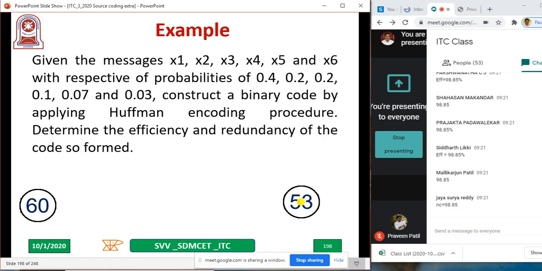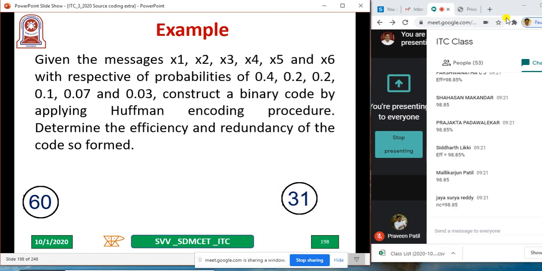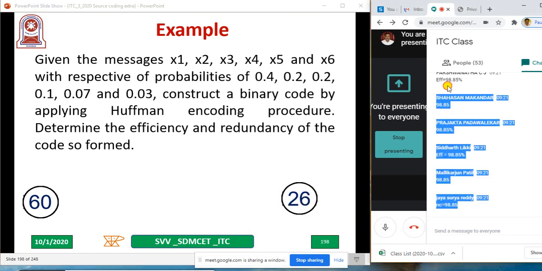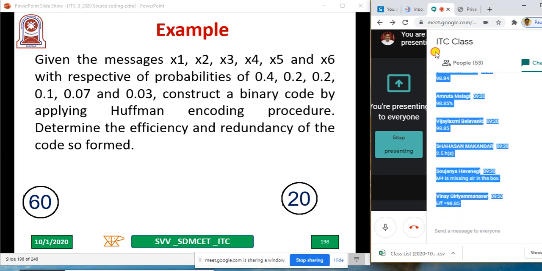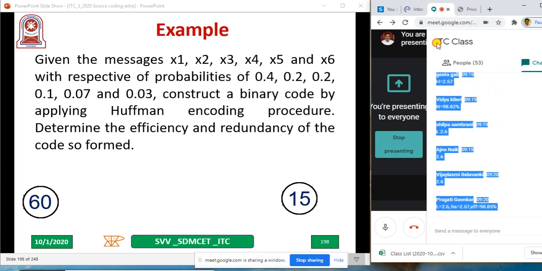Copy down the example. Given the messages x1, x2, x3, x4, x5 and x6 with the respective probabilities 0.4, 0.2, 0.2, 0.1, 0.07, 0.03.